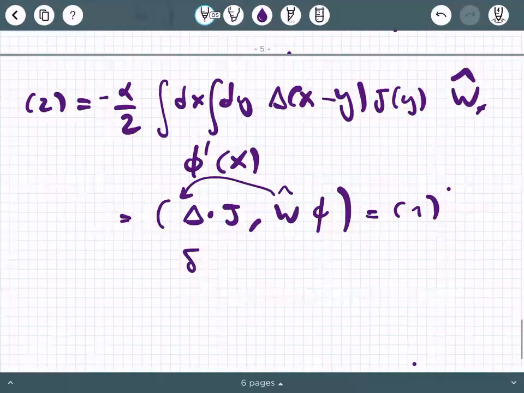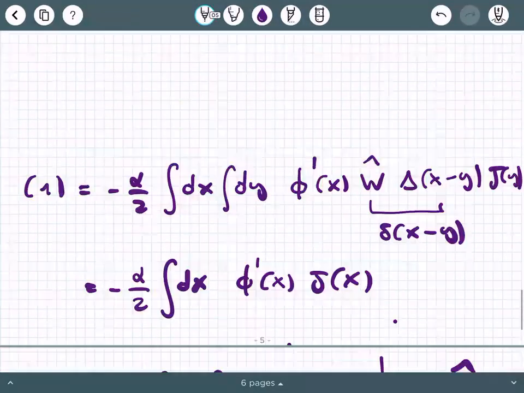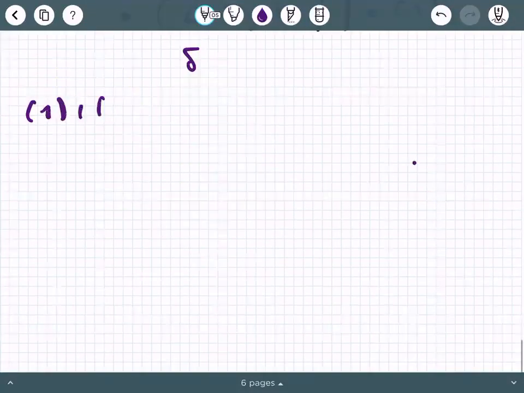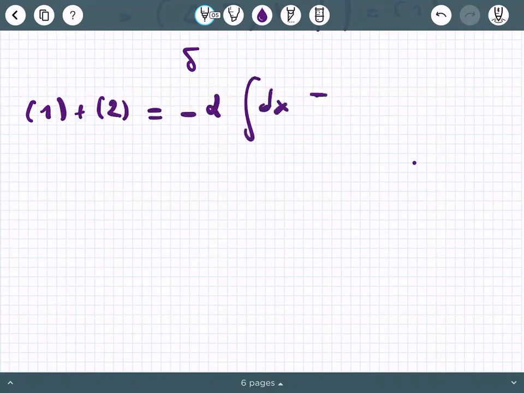So it means that basically 1 plus 2 will give me negative alpha integral dx delta of x minus y, sorry, J of x phi prime of x. Okay?